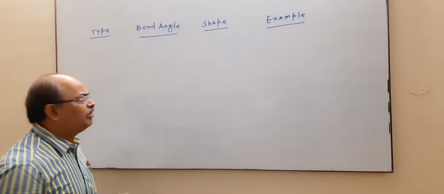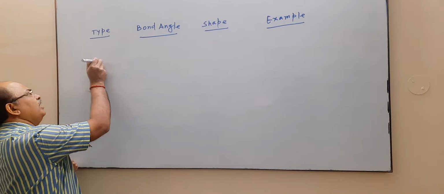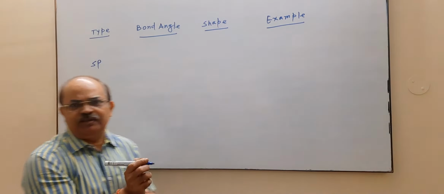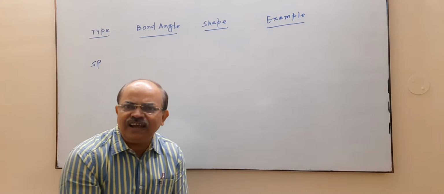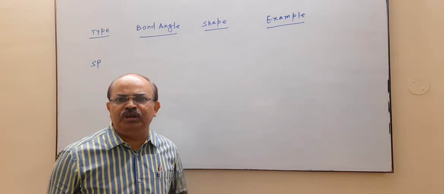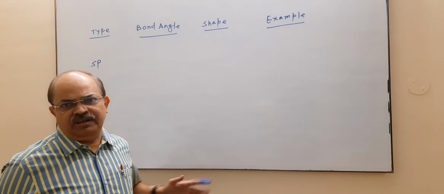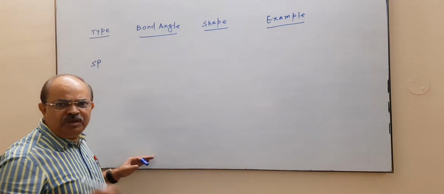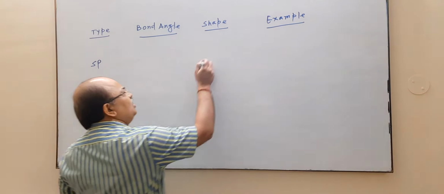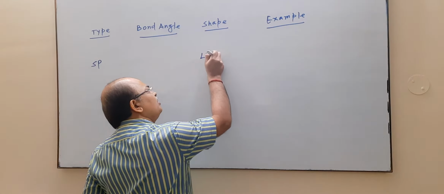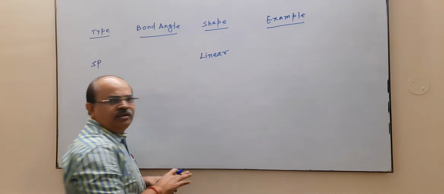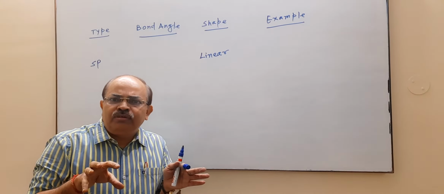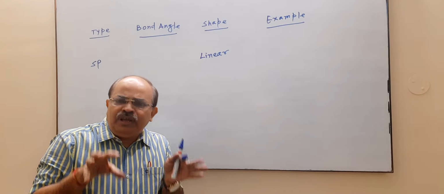The first type of hybridization is sp. We pronounce it as sp type, or simply call it sp hybridization. When we have sp hybridization, the shape of the molecule is linear.